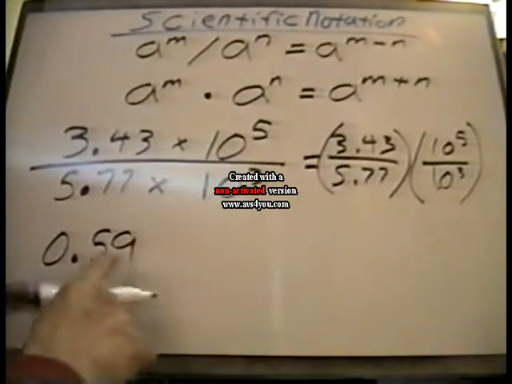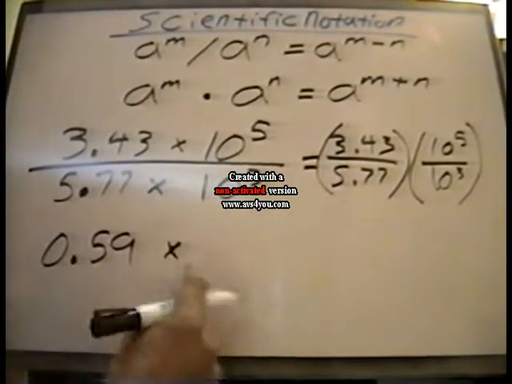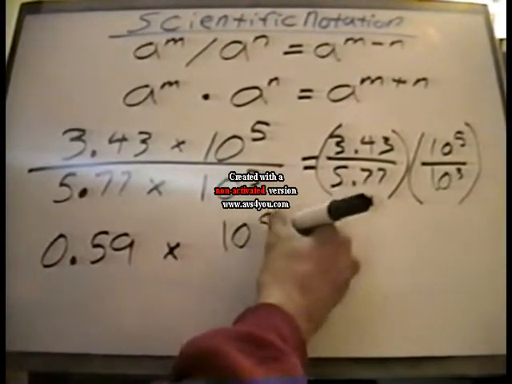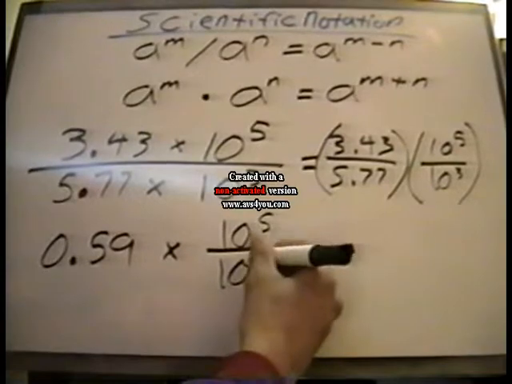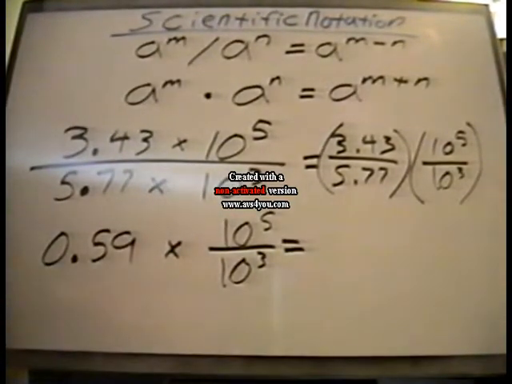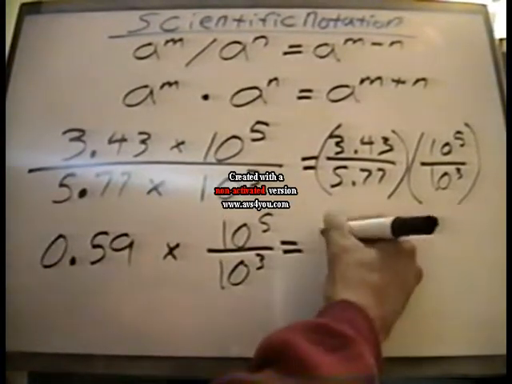You have your multiplication symbol. Now we do 10 to the power of 5 over 10 to the power of 3, which gives us 10 to the power of 5 minus 3.